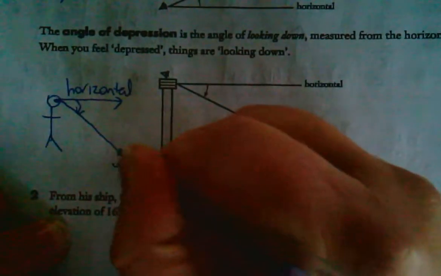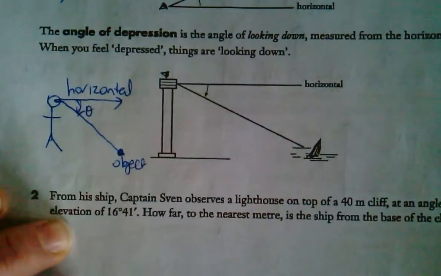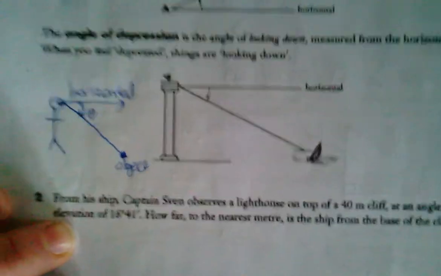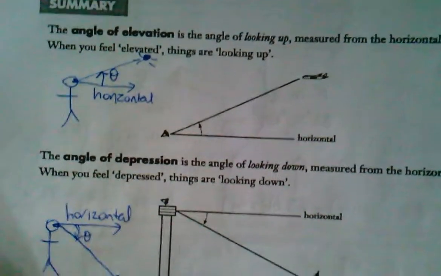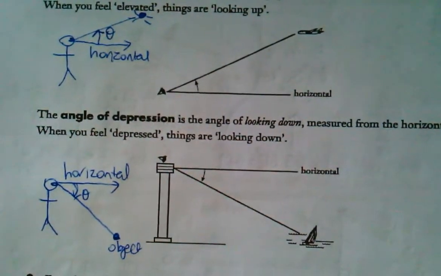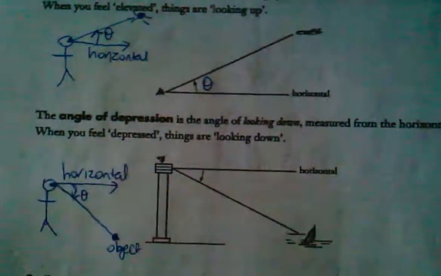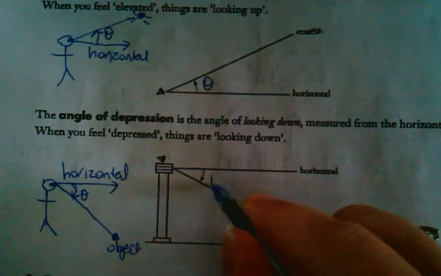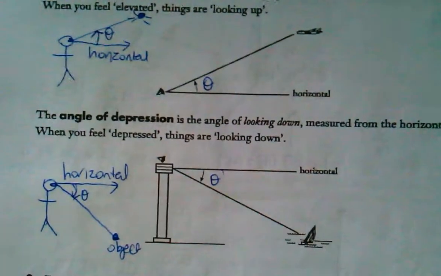The angle of depression is how far you have to move your head or your eyes down to see that object. Elevation, you're looking up from the horizontal. Depression, you're looking down. So in this diagram, that's the angle of elevation, and this down here is the angle of depression.